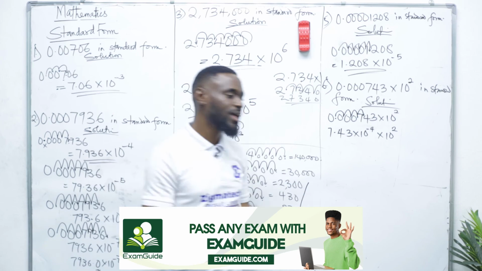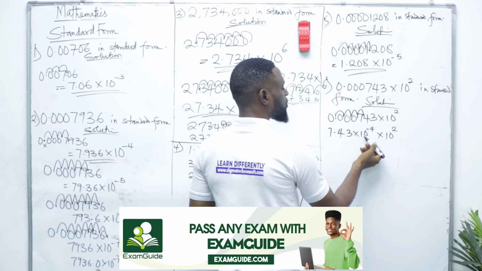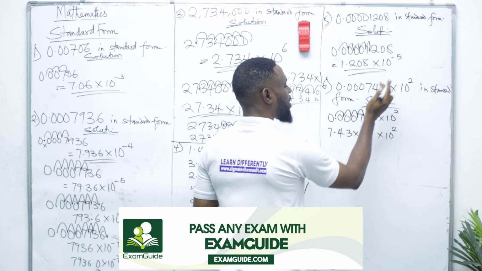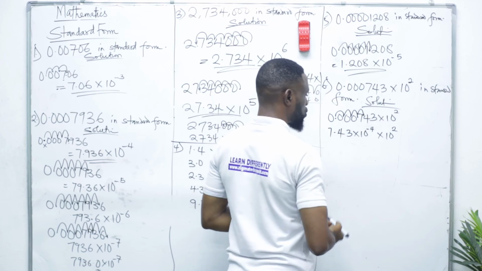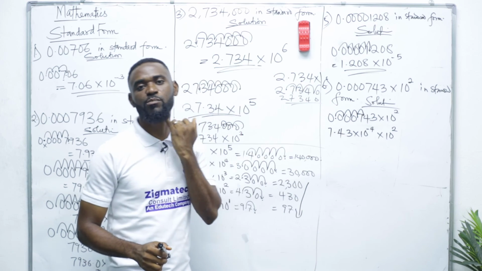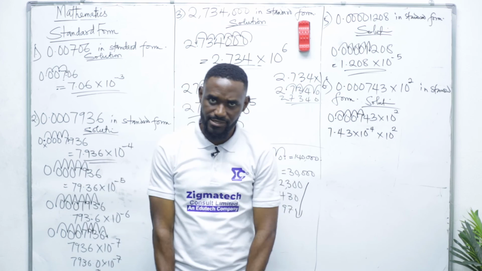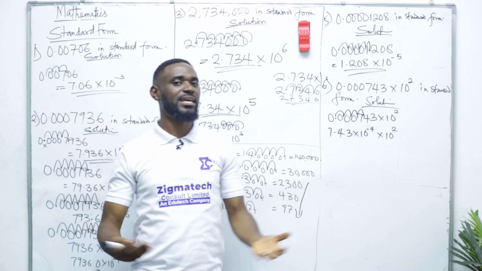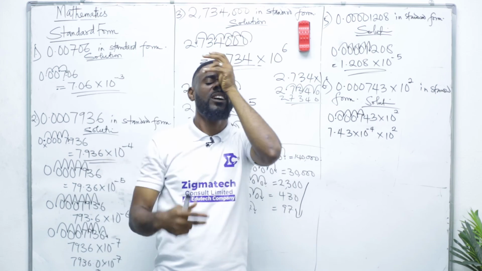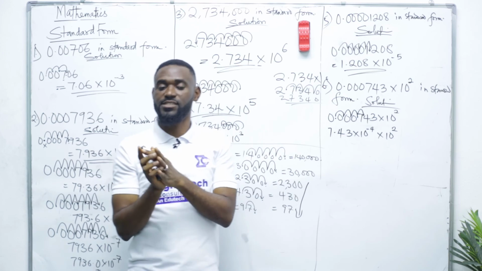Now, at this point, we have 2 powers of 10: 10 raised to power minus 4 and 10 raised to power 2. So what do we do? We apply the law of indices, the multiplication law. When 2 numbers of the same base multiply themselves, you add their powers. That is one of the laws of indices.